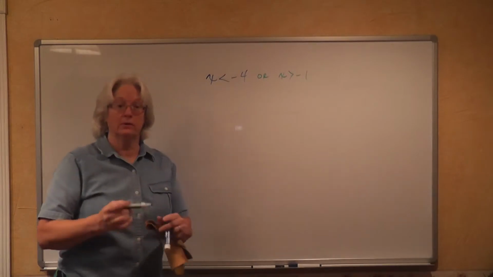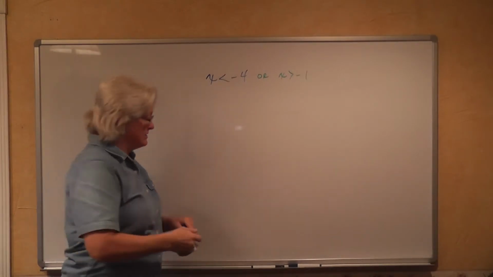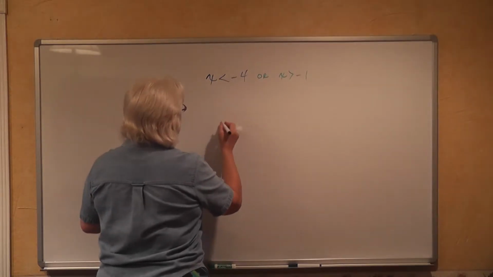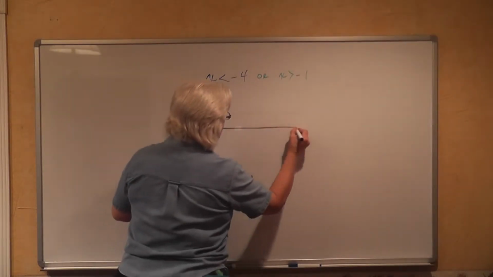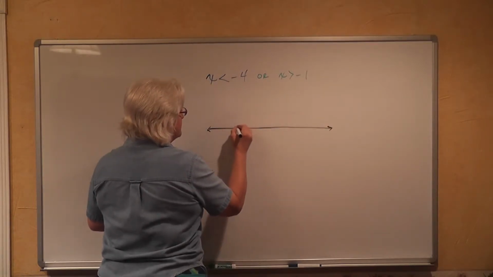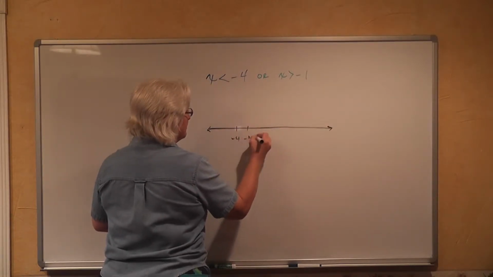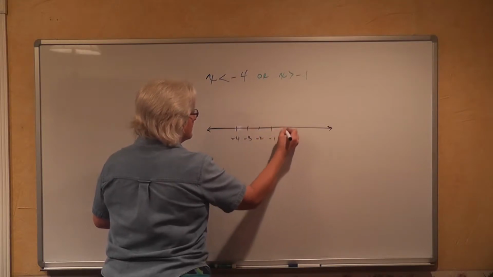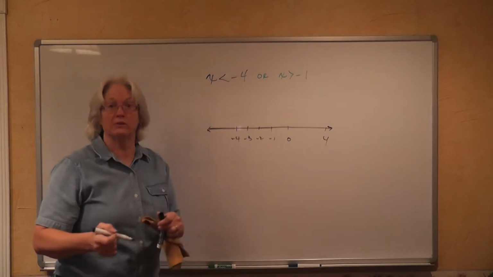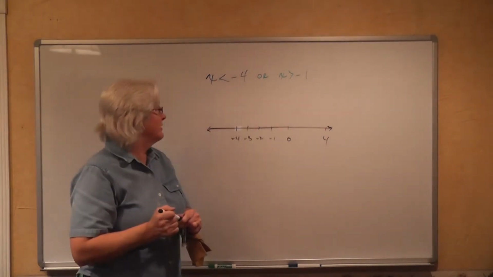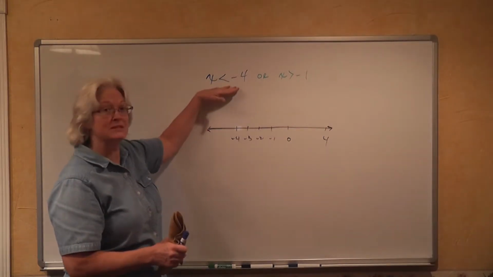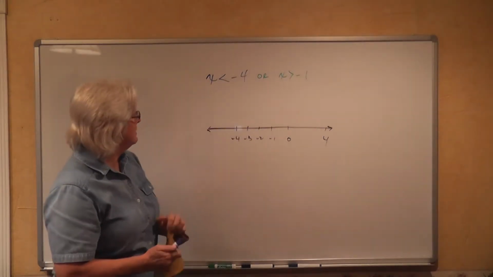What are we going to do? We start off the same as if we were graphing conjunctions. We do that by drawing our number line. I'm going to have -4, -3, -2, -1, 0, and 4. That's all I'm going to identify on this graph for now. We're going to graph both of these inequalities separately above the same number line.